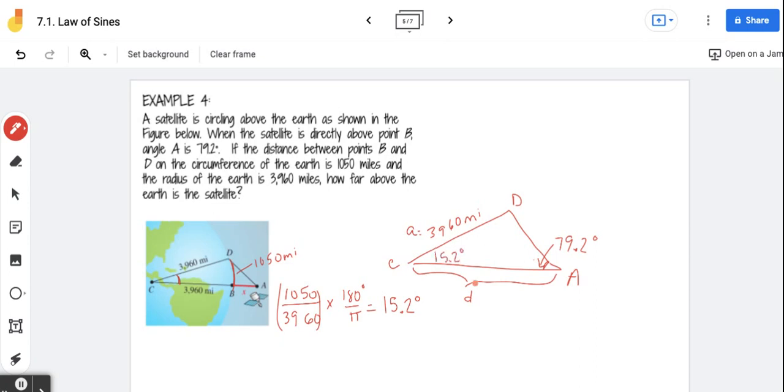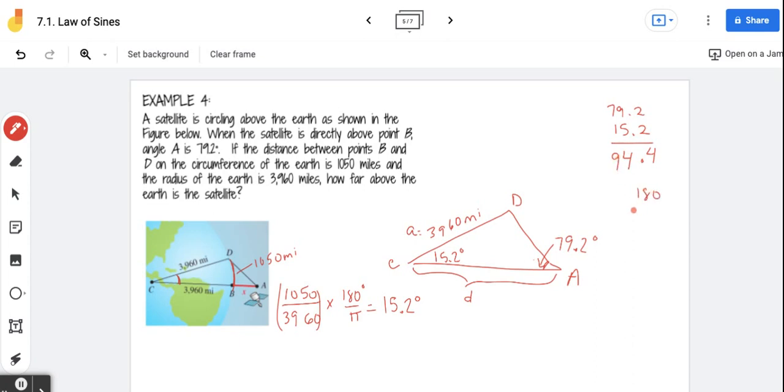All right, so I really need angle D, since I'm trying to find side D. But I've got it, because I know angle A is 79.2 and angle C is 15.2, and that is 94.4.